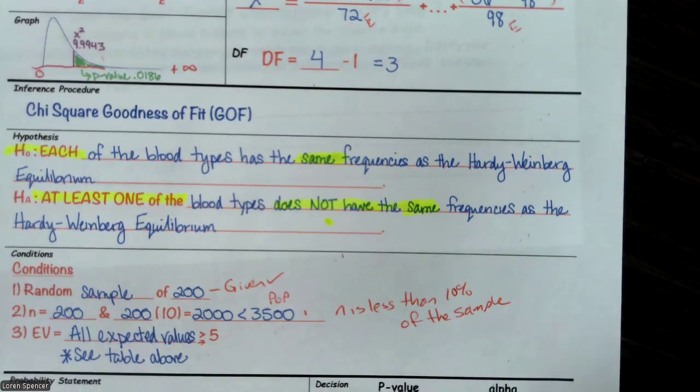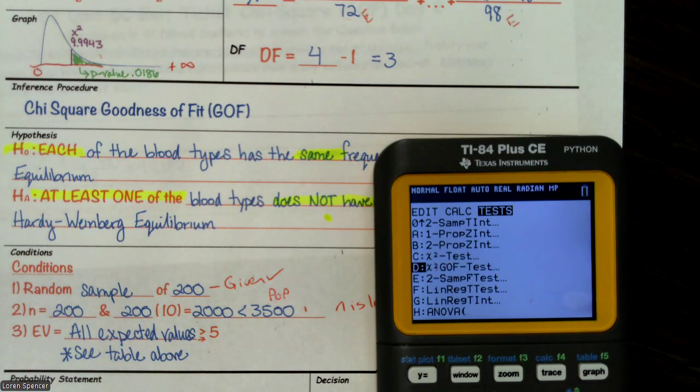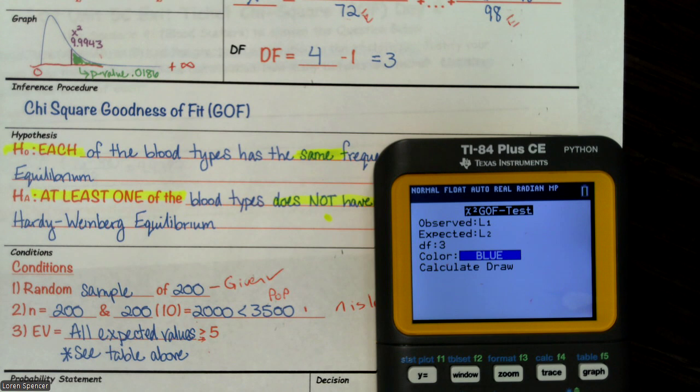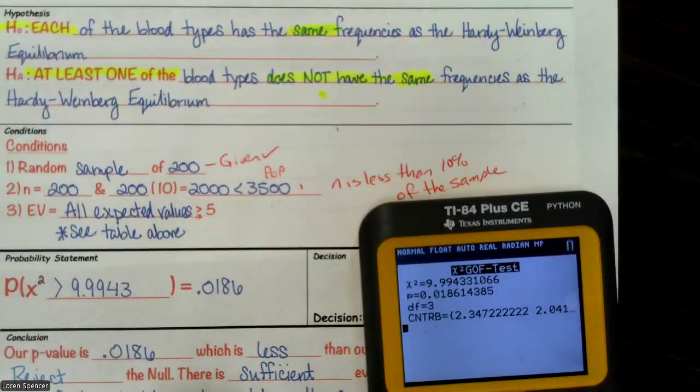I'm going to run the test real quickly again. Because the stat test, chi-squared GOF, L1, L2. Degrees of freedom was categories minus 1, so 4 minus 1. And we ended up with a chi-squared value of 9.943, and that equaled 0.0186.